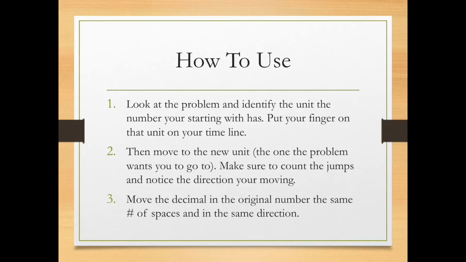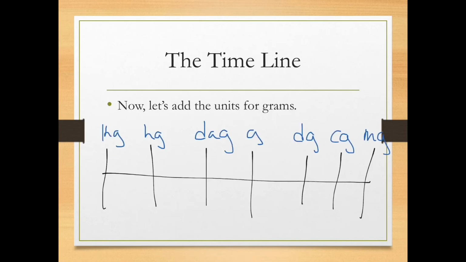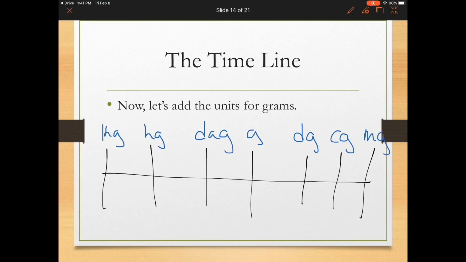So now how do we use this timeline? Well, we're going to look at the problem that we are given and identify the units that we start with. And we're going to put our finger on that unit on the timeline. So let's say we started with hectogram. It said that we're converting between hectogram and decagram. So you're going to put your finger right there on the hectogram.